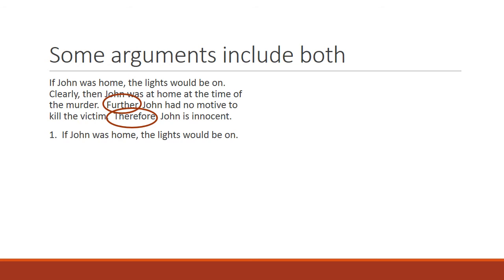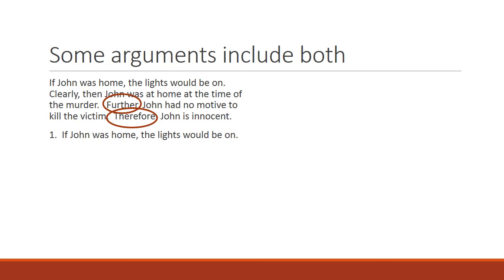The author is not claiming in this sentence that John was in fact home. All that is being claimed is that if John was home, the lights would be on. What is asserted as true is the entire relationship between John being home and the lights being on. No one is saying at this point that either one of those halves of that relationship is true.